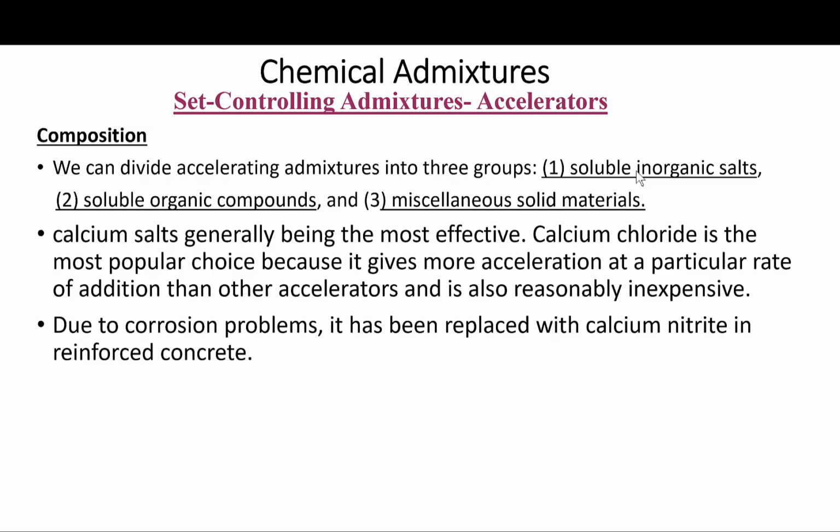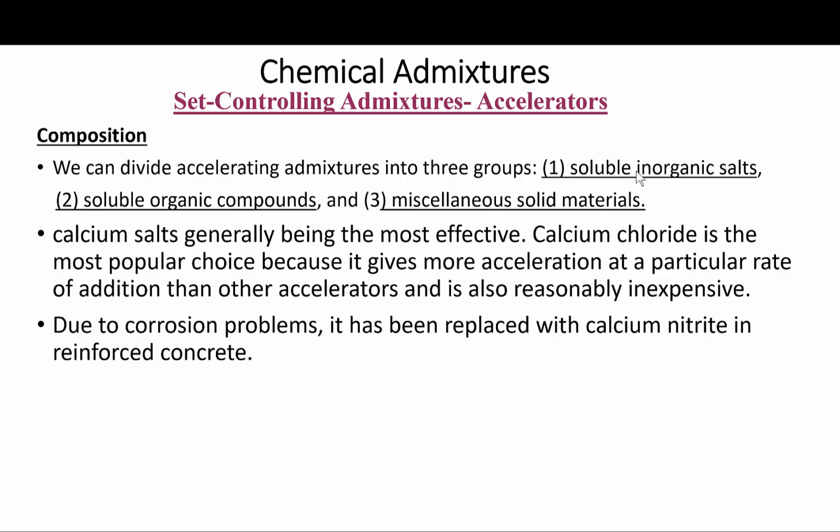A variety of organic compounds have accelerating properties, although many more act as retarders. So again, care should be exercised when selecting these admixtures. Examples of these organic compounds are ethanolamine, calcium formate, and calcium acetate.